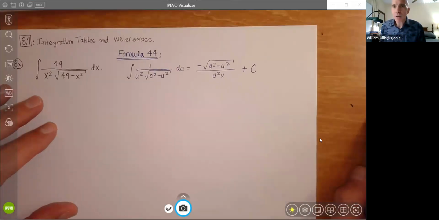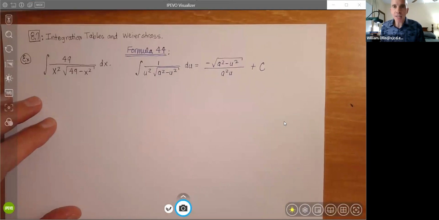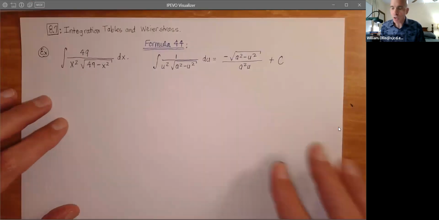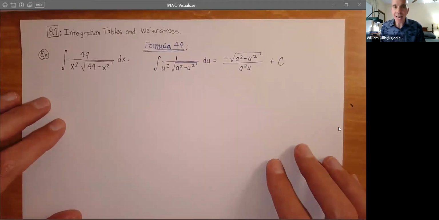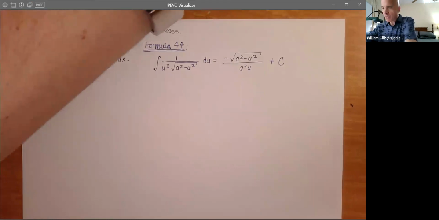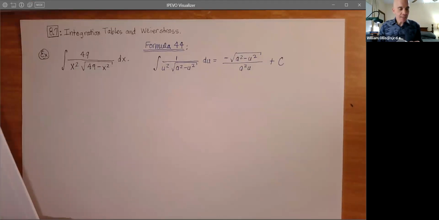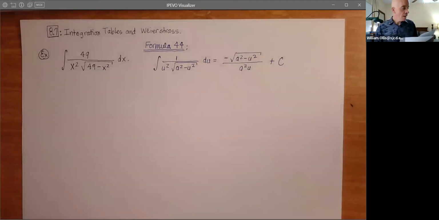When it comes to doing the integrals with the tables, you're pretty much in control. You look at the particular example, and then you go to the table to find the form. So what I've done here, we've got formula 44. I went to your ebook, which is chapter B, and I printed the integral table.